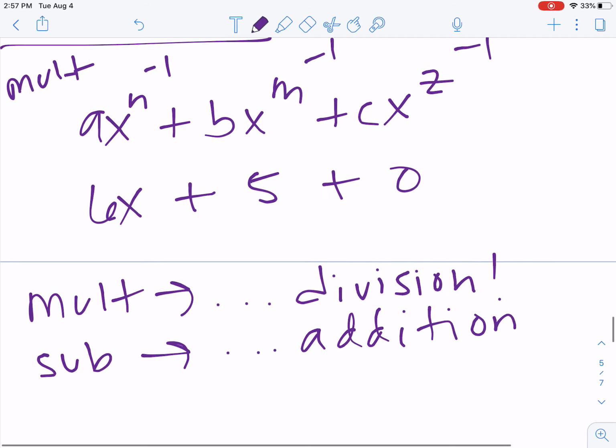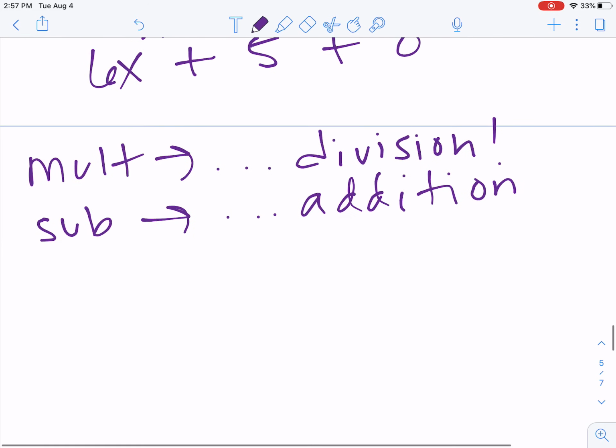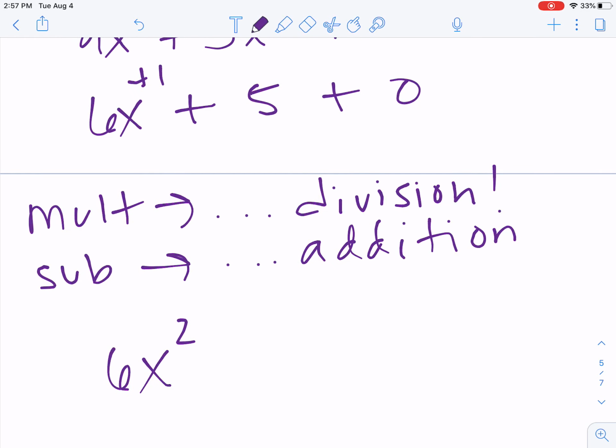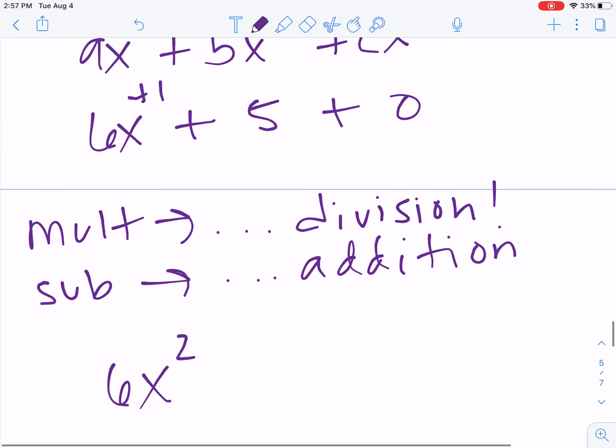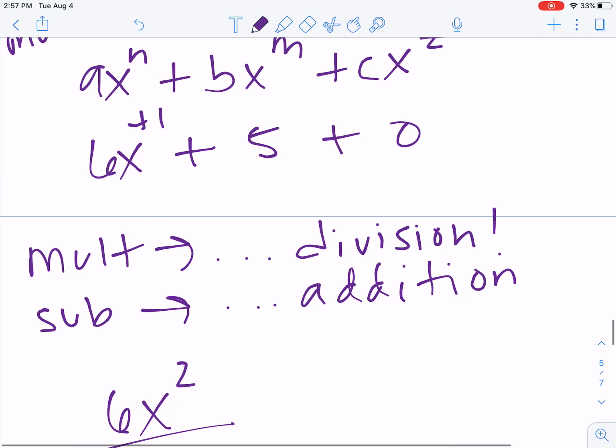So instead of subtracting 1, we're going to add 1. So that would give me 6x to the 2. But I know that I originally brought that 2 down, so to get rid of it, I'm going to divide by it. So same thing here.